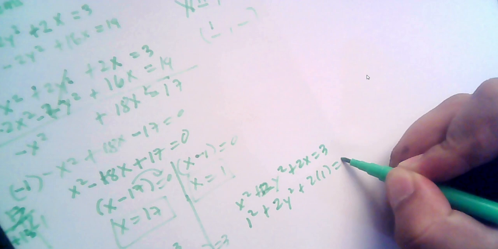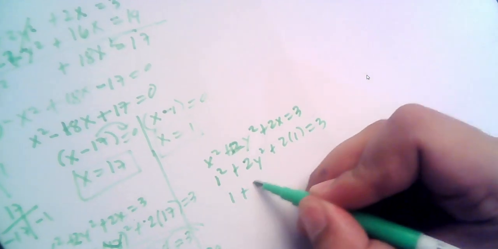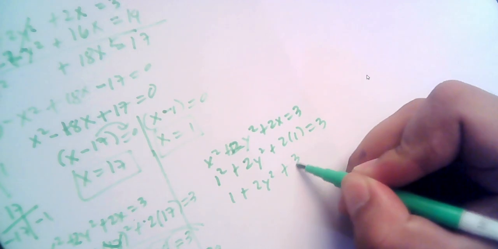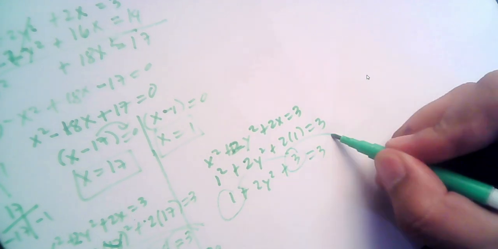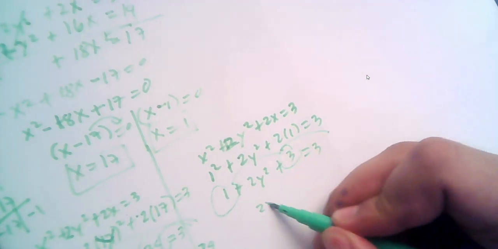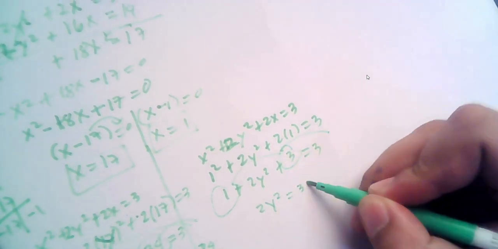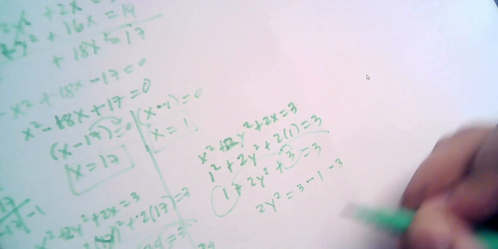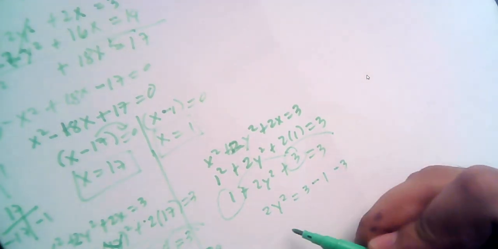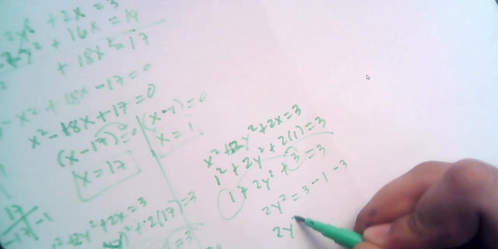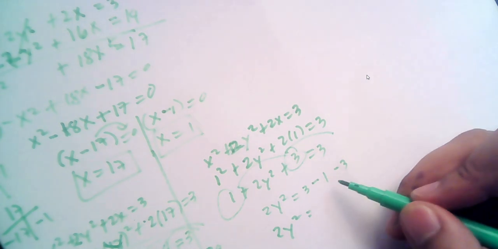This is going to be easy. 1 squared is 1. 2y squared plus 3 equals 3. Transpose 3 to the other side. That becomes 2y squared is equal to 3 minus 1 minus 3.